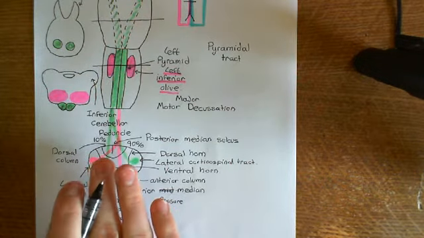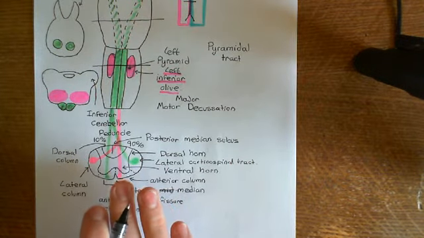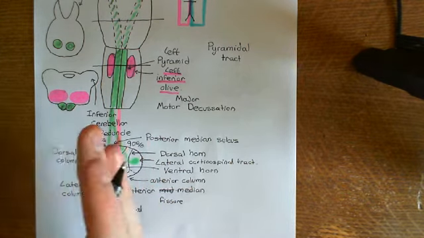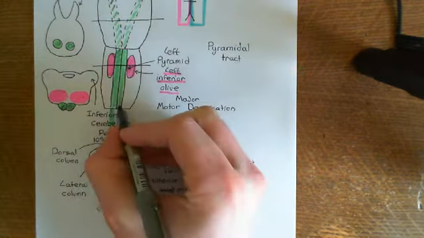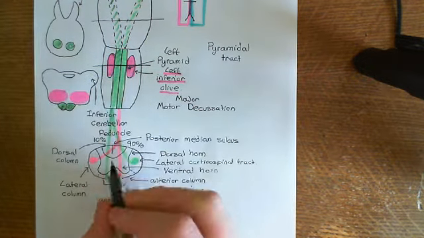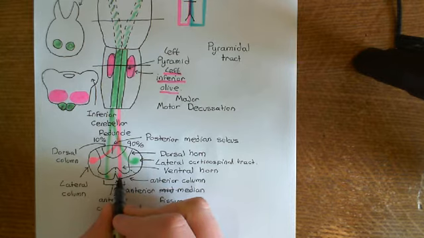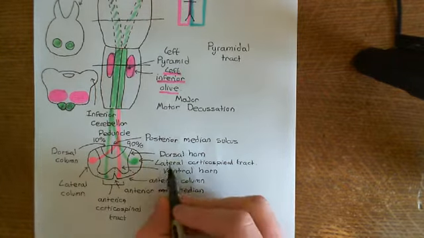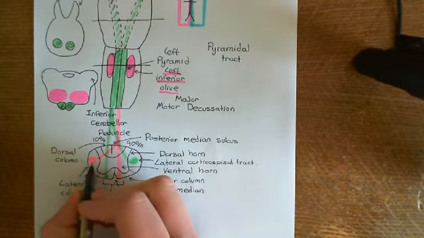When you get this major motor decussation, the naming then becomes more complicated. Everything's just named according to which side it's on. So the left corticospinal tract here is going to split into the left anterior corticospinal tract here, and then the right lateral corticospinal tract. So this will be the right lateral corticospinal tract here.